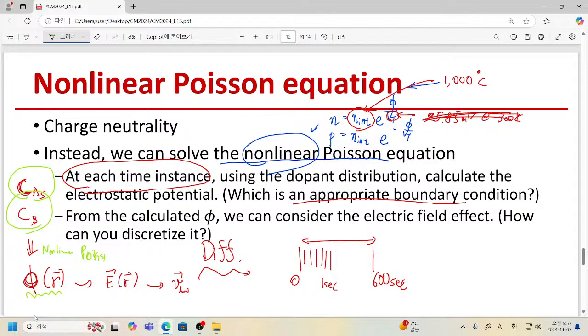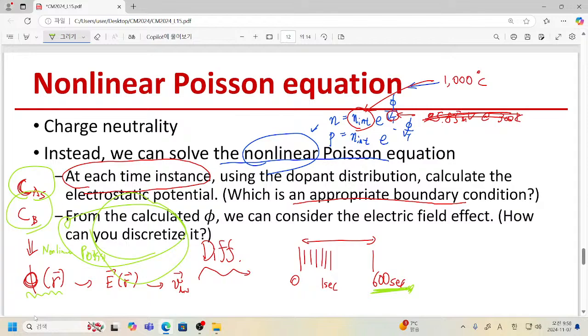Then repeat this job again and again until you eventually arrive at your final destination, 600 seconds in our example. So this involves many repeated calculations of the nonlinear Poisson equation. This is computationally very heavy, but by performing this job, you can always get the solution.